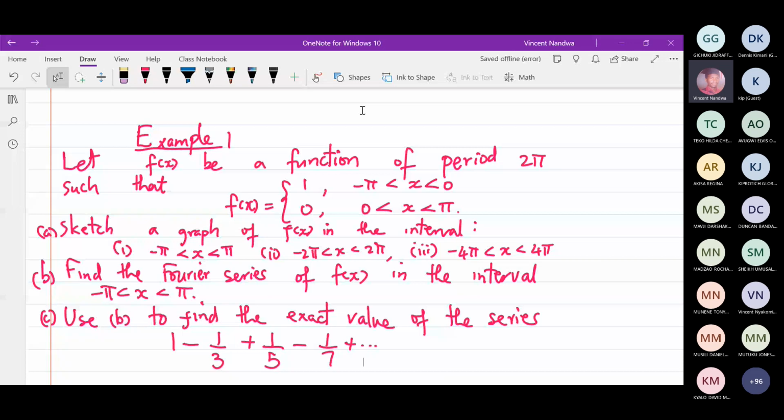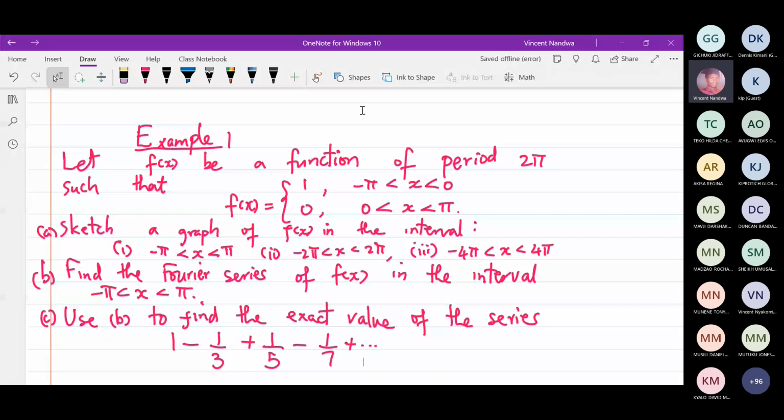The key information given in the question to help you get it right is that you have been told that the period of the function is 2 pi. That means the number of times the graph repeats itself, or we have a complete cycle for the graph.